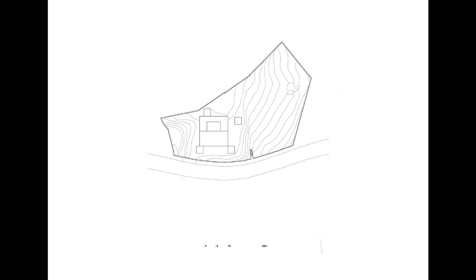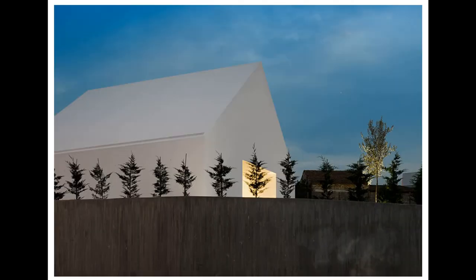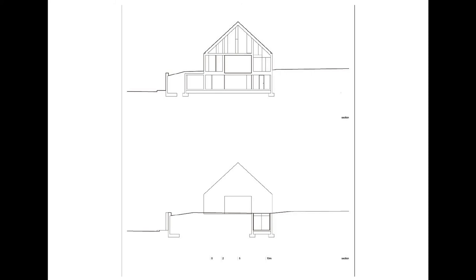And the functions are banal: a house divided into a private area with bedrooms and a social area with living rooms. The private areas are at street level under the plot, around the central courtyard, with rooms opening to private patios in an intimate environment.